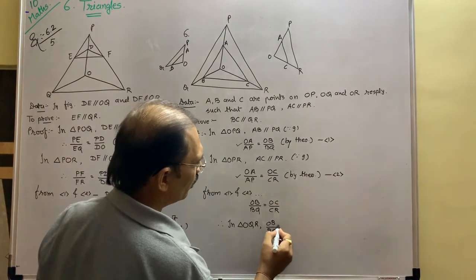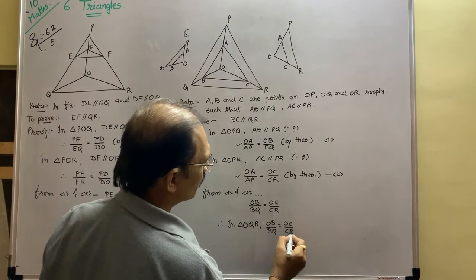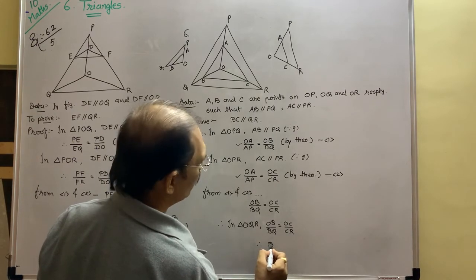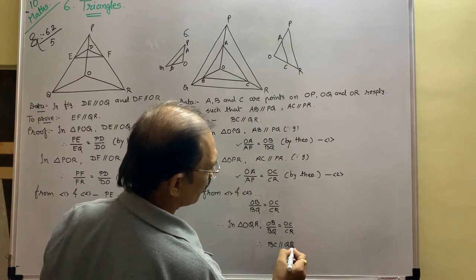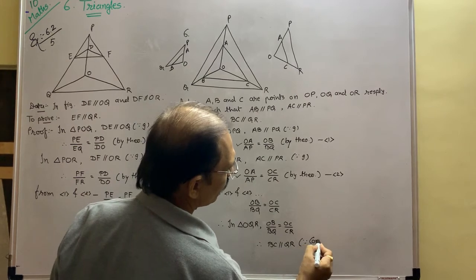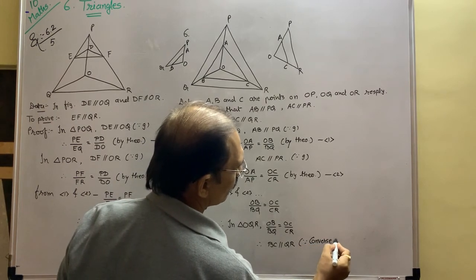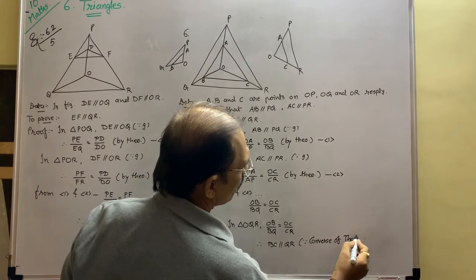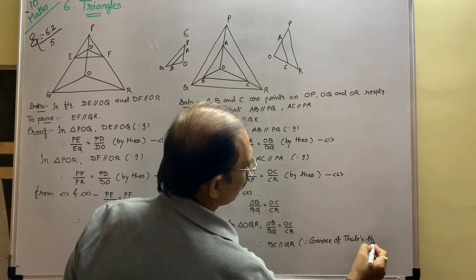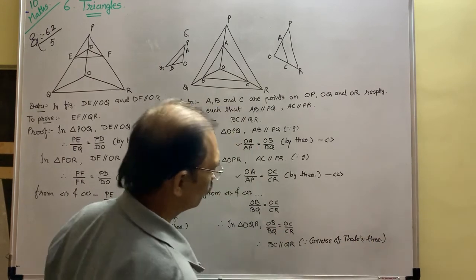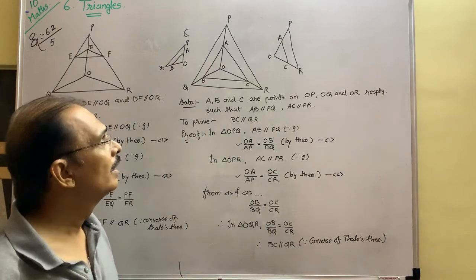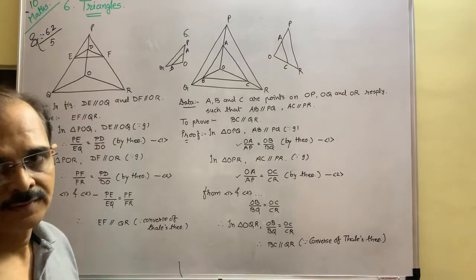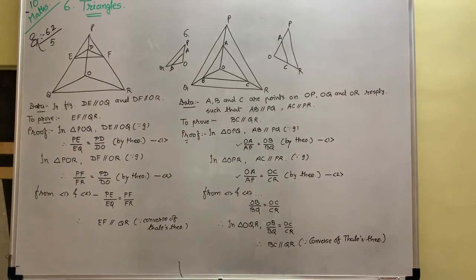Therefore, BC is parallel to QR according to the converse of Thales theorem. Hence we proved. Is it okay? Question number 6. Understand it very well and write down.